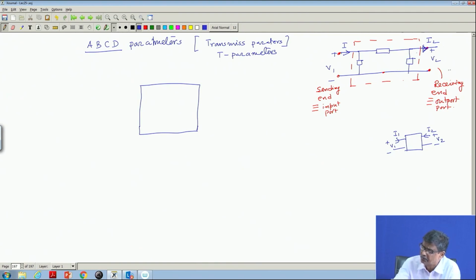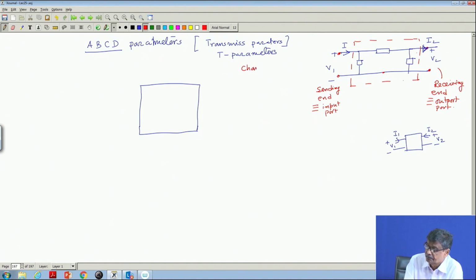There will be some load after you receive the power, and that is how ABCD will be defined. So, you should be very carefully noting what I am telling now. So, there is a change of convention for ABCD parameters.